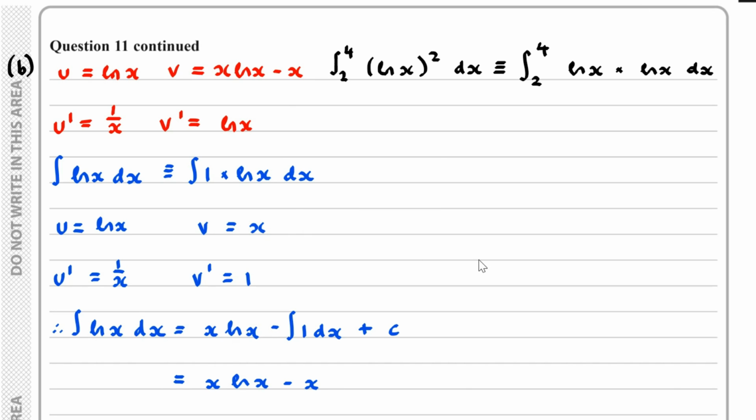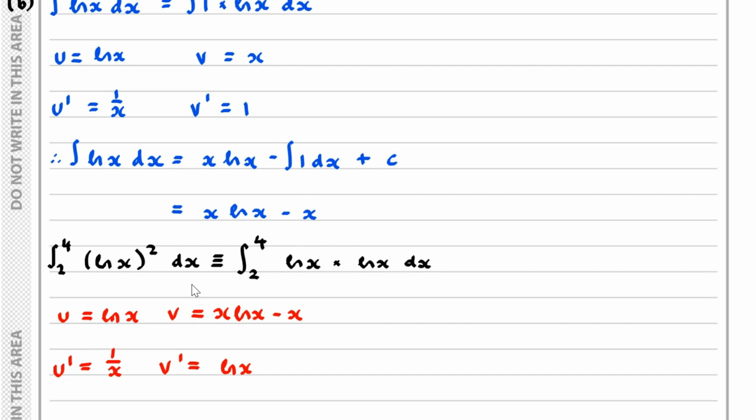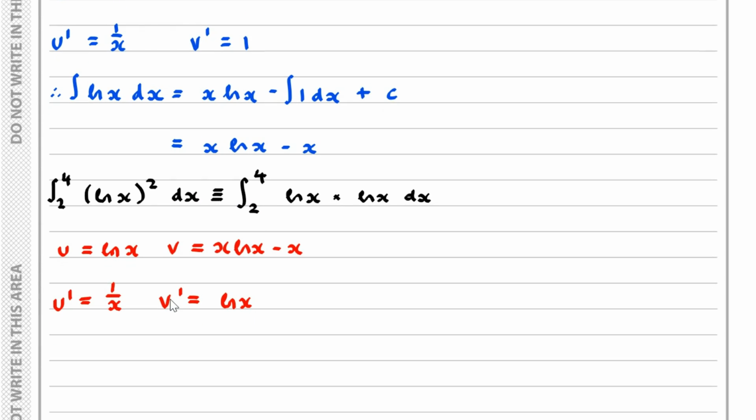Let's just reorganize all of this. Having reorganized all of this, we can now work out what this is all equal to. What we can conclude is the integral from 2 to 4 of natural log of x all squared.